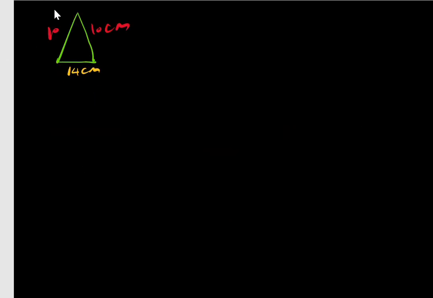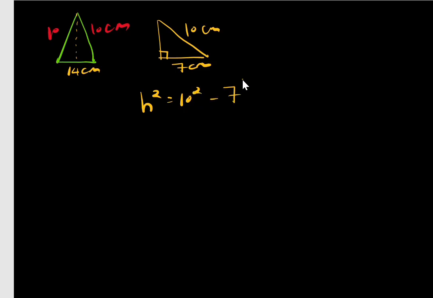Our work is to get the height so that we can calculate the area of this triangle. I'm going to use this one right-angled triangle and draw it there. Here we have 10 centimeters, and when you divide the base by 2, we get 7 centimeters. We know from the Pythagorean theorem that the height squared is hypotenuse squared, 10 squared minus 7 squared, which is 100 minus 49.